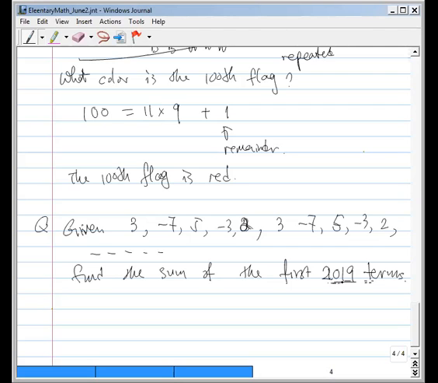Okay, so when you see this is a group, right? All right, so 3 plus -7 plus 5 plus -3 plus 2 is going to be what? It's going to be 0. Okay, no problem. But how many blocks are there among the first 2019?